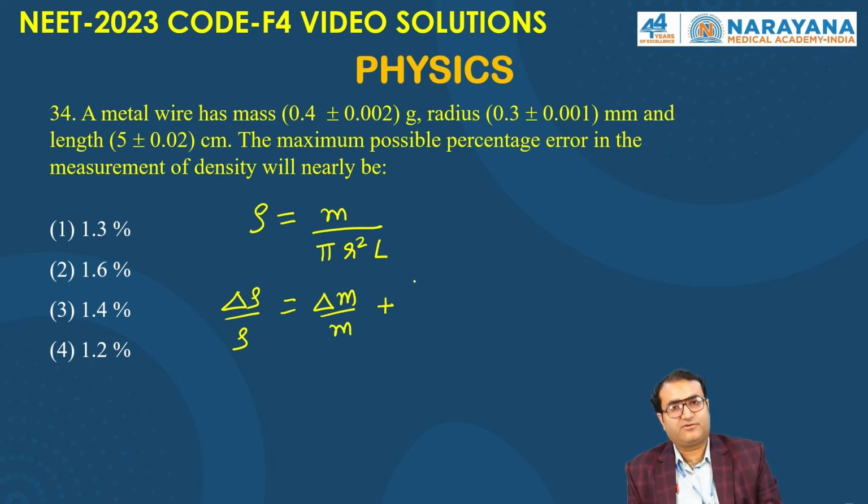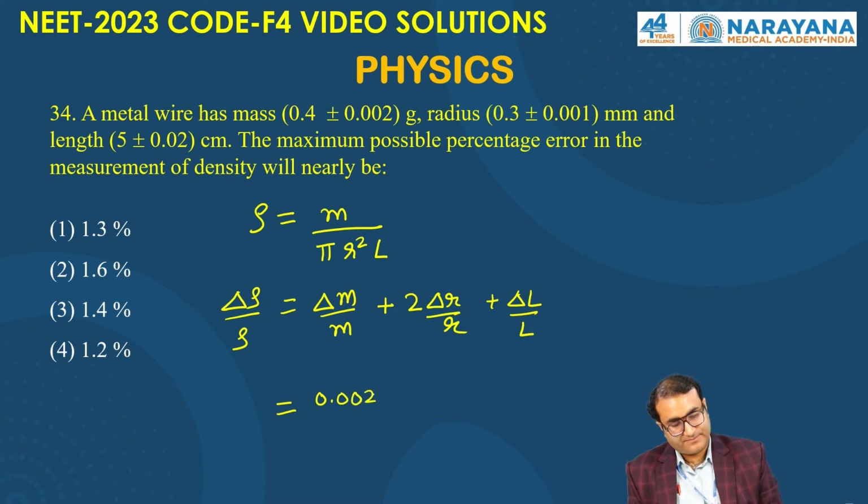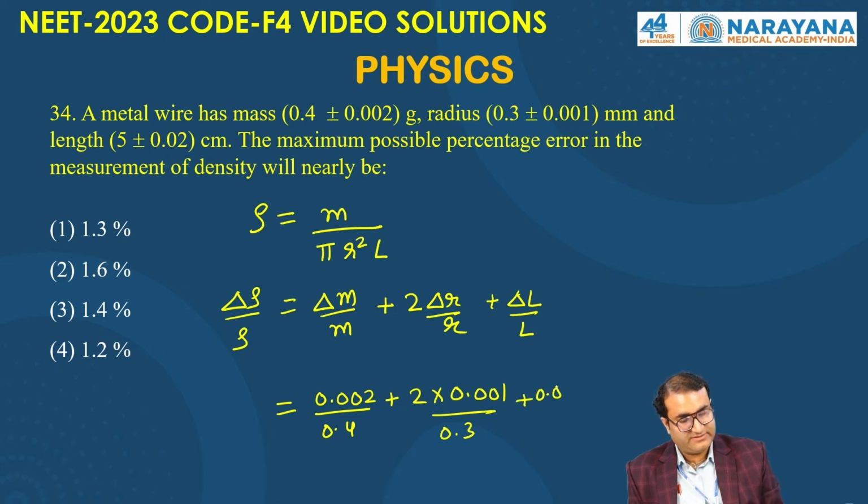So if you take it as minus 2, but you have to write plus only, plus twice of delta r by r, plus delta L by L. Delta m by m is 0.02 by 0.4, plus 2 times 0.001 by 0.3, plus 0.02 by 5.